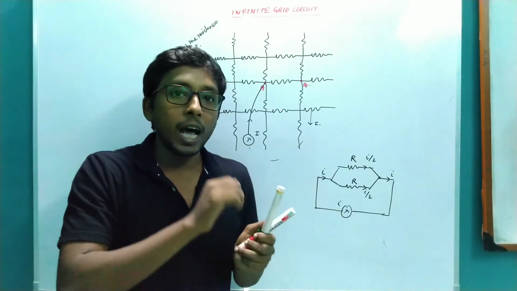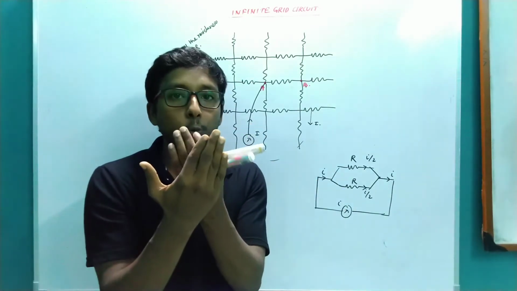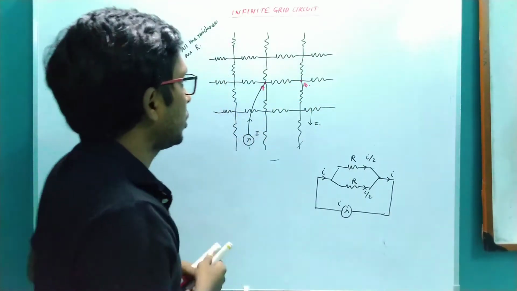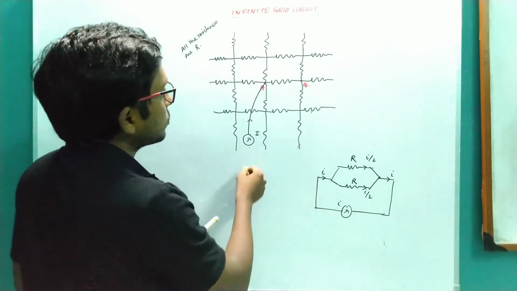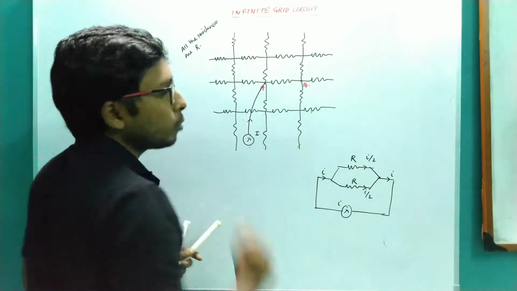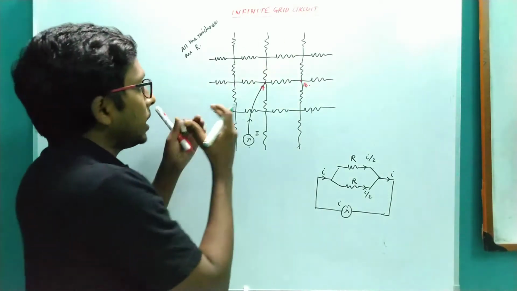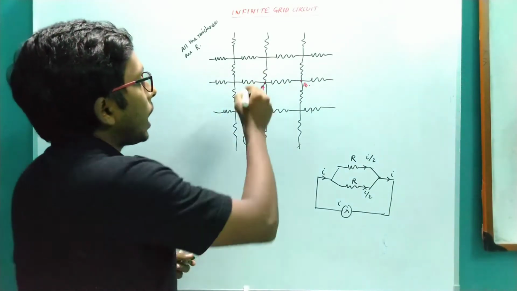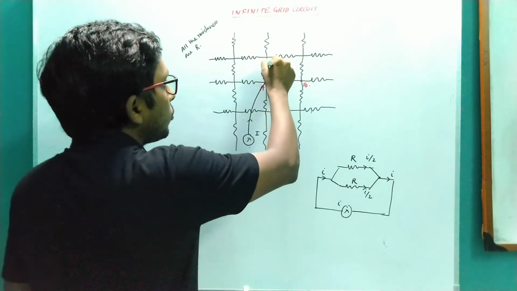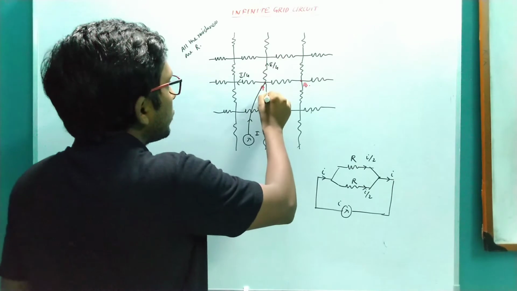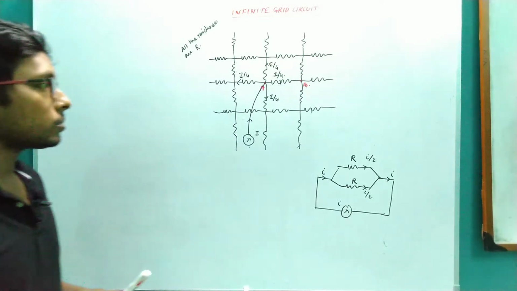So what I am doing here is looking at the circuit separately and then superposing the two portions of the circuit, as I am showing you now. Suppose I am attaching a current source which is sending in I amount of current through A. Now you can see that all the resistances are symmetrically arranged across A. So I can consider that I amount of current will be divided into 4 equal parts, like I by 4, I by 4, I by 4, and also through this line I by 4.